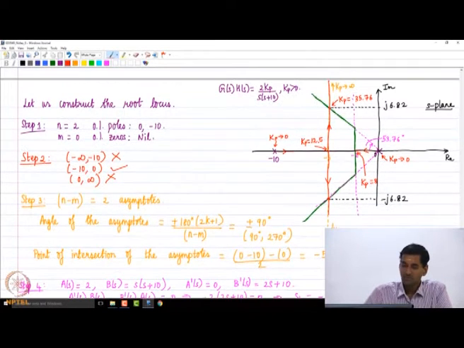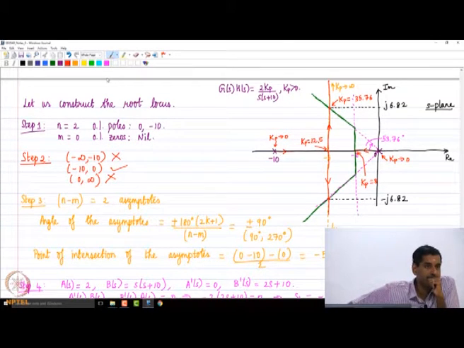So what does this imply? This implies that for performance, I need to essentially have my proportional gain between 8 and 35.76. That's it.